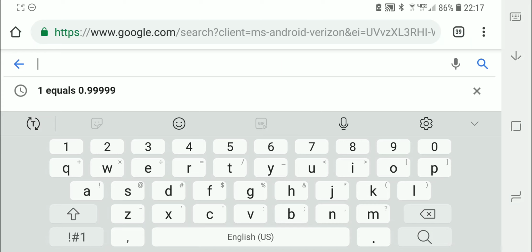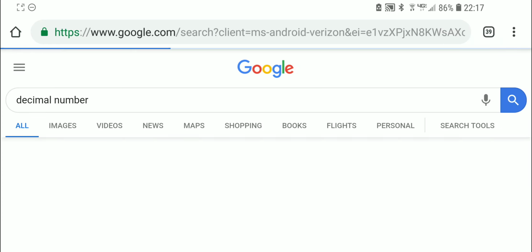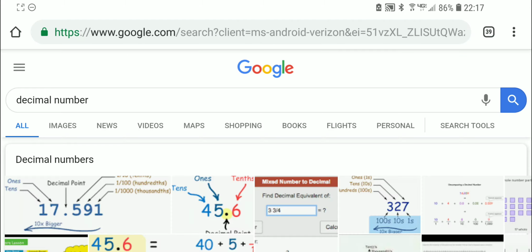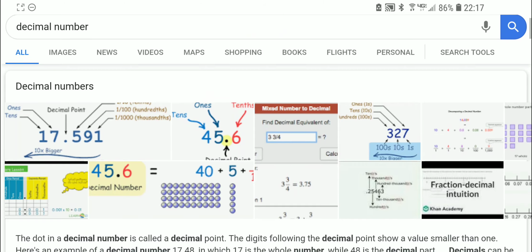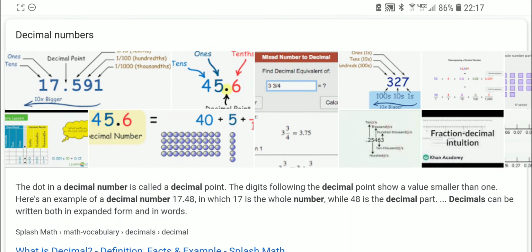So the first thing I'm going to do is type this out. Decimal numbers, here we go. Search. Alright, here's what decimal numbers look like.